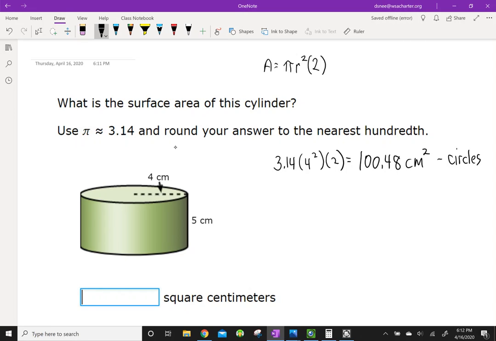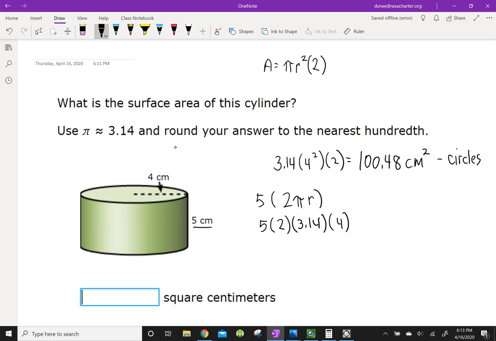And then for my rectangle, I have to find the circumference. I have to find the distance around the circle and multiply that by the height, or 5. Okay, so I'm going to do 5 times 2 pi r. And I know that I'm going to replace pi with 3.14, and I'm going to replace r with 4.